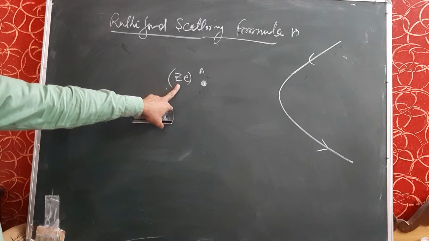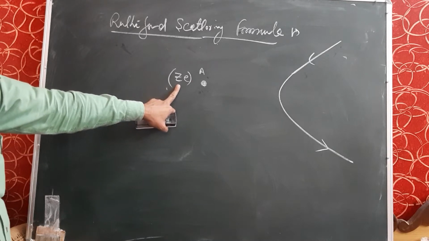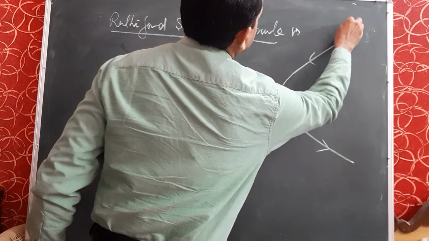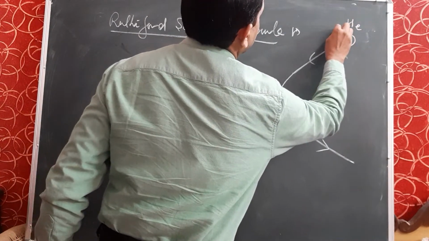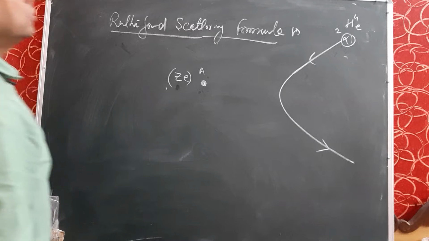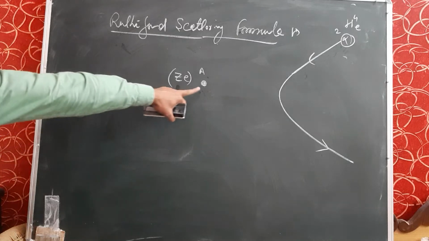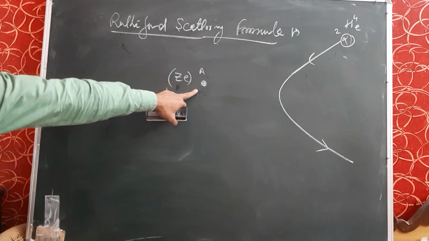This nucleus is very heavy, and the alpha particle is a helium particle. The alpha particle consists of only 2 protons, but the heavy nucleus consists of a large number of protons.